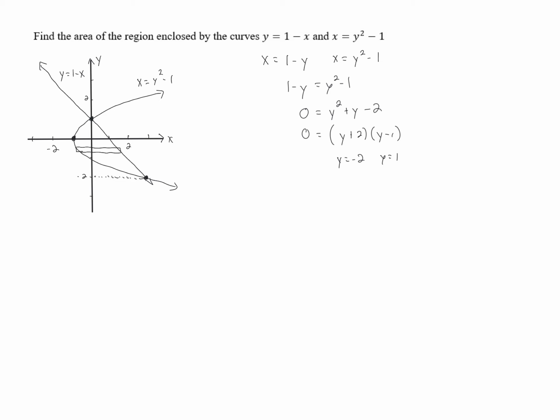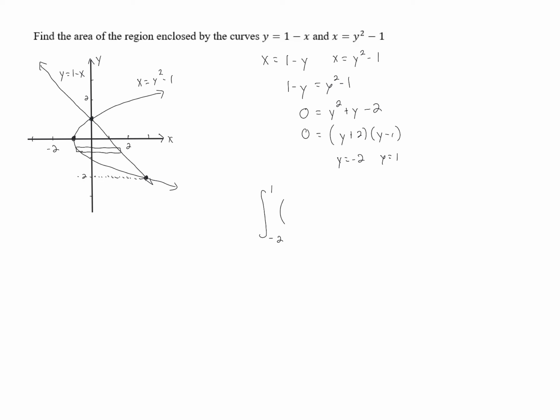So if we're integrating this in terms of y, you need to kind of turn your head to the side to think about this a little bit, but we are going to integrate from the lower y value, which is negative 2, up to the higher y value, which is 1. And our integrand is going to be the difference of functions, but functions of y.